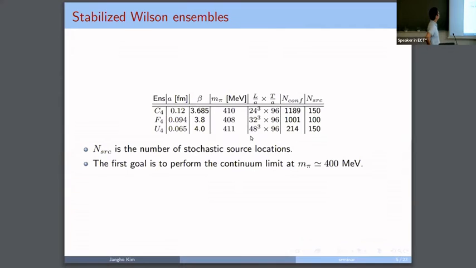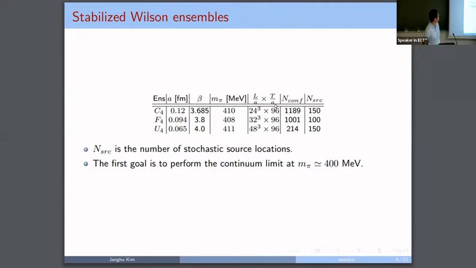We use these 3 ensembles: coarse, fine, and ultrafine lattices with 3 different lattice spacings, and the pion mass is almost the same, 400 MeV, while the lattice volumes are all different.